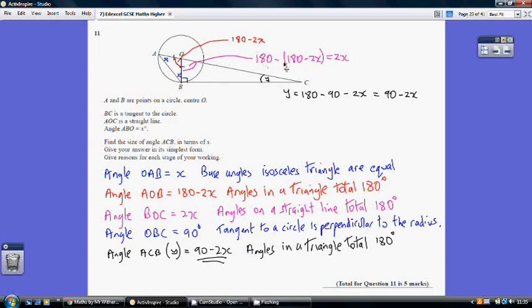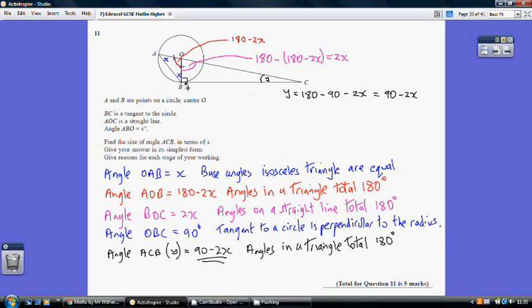So 180 take away 180 minus 2x is 2x. So this angle here is 2x.